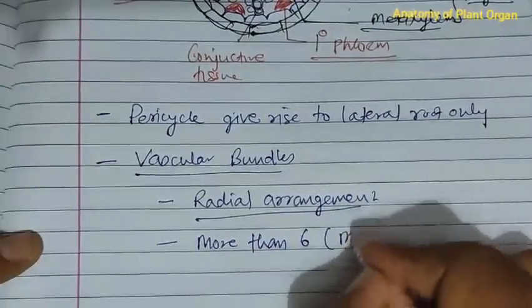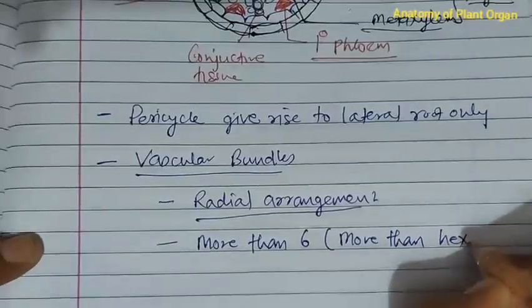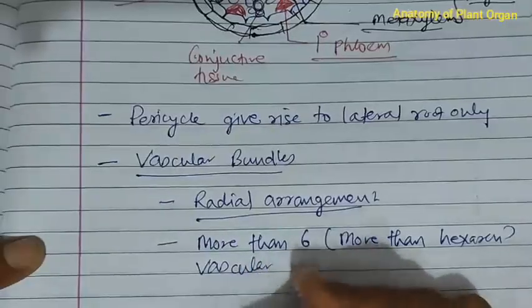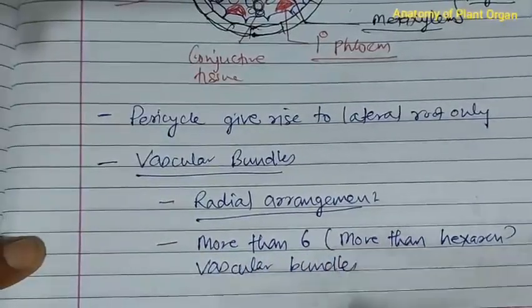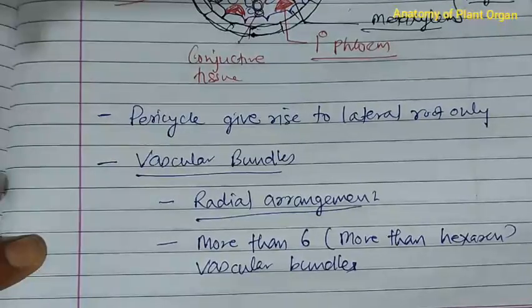Okay, more than 6 exarch vascular bundles are present.